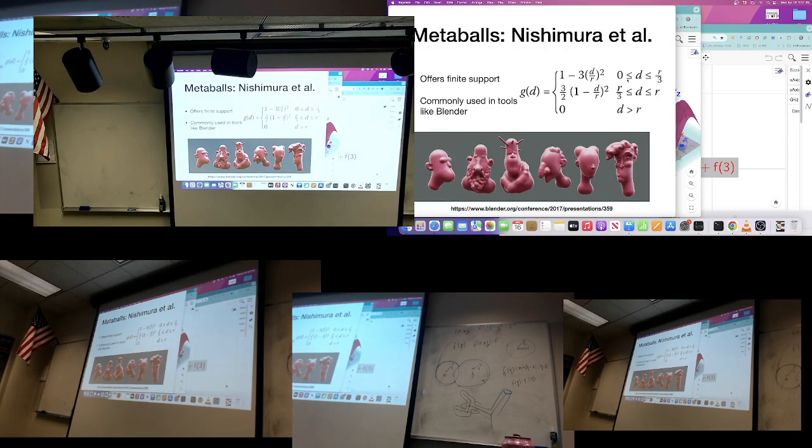And why are these strange constants that appeared here and here? It's just because when we are moving from d less than r over 3 to more than r over 3, we just want the function to be continuous and smooth. So that's why you see that you're getting the same continuous and smooth function when you're moving from one segment to another.